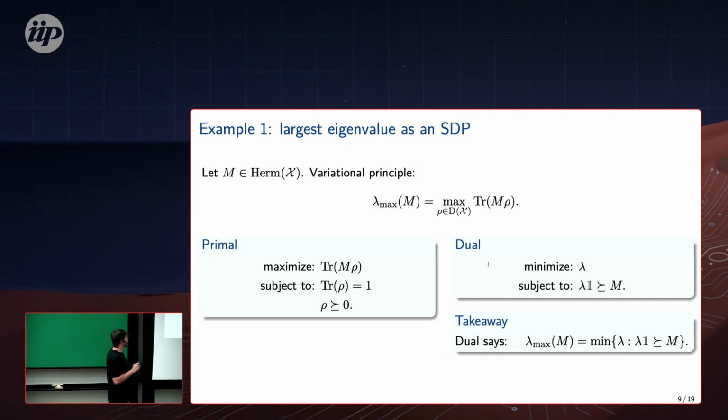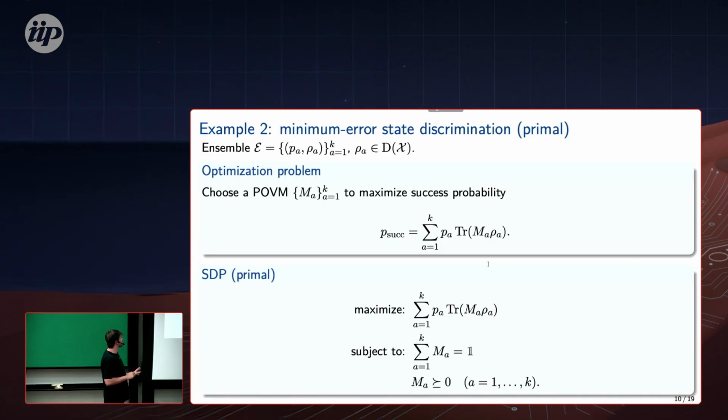But maybe just one more, slightly more complicated problem, which has a more quantum information theory flavor. Let's say we are given a bunch of states rho_A, density matrices 1 to K, and they appear with probability p_A. We want to choose a POVM that maximizes the success probability of identifying which state we got.